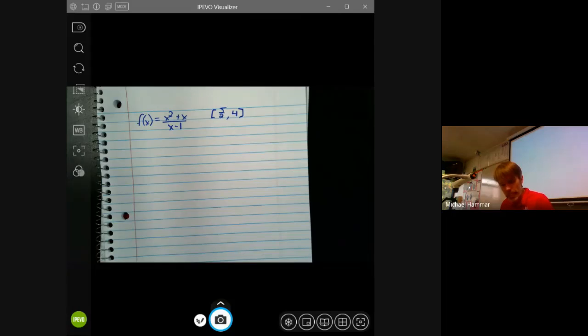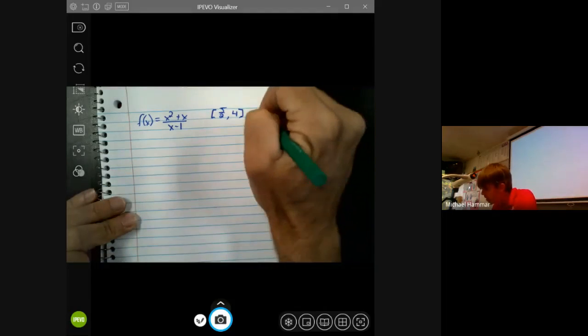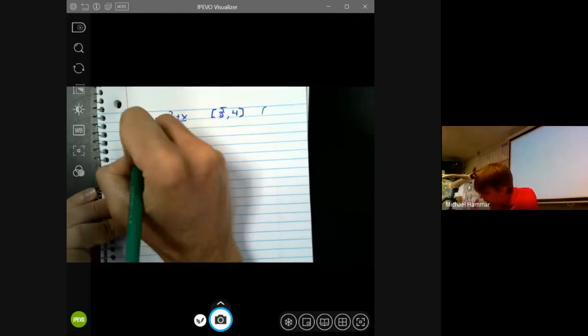I want to know, is the intermediate value theorem guaranteed on the x value of c? And then we're also going to find out, well, here's the question.